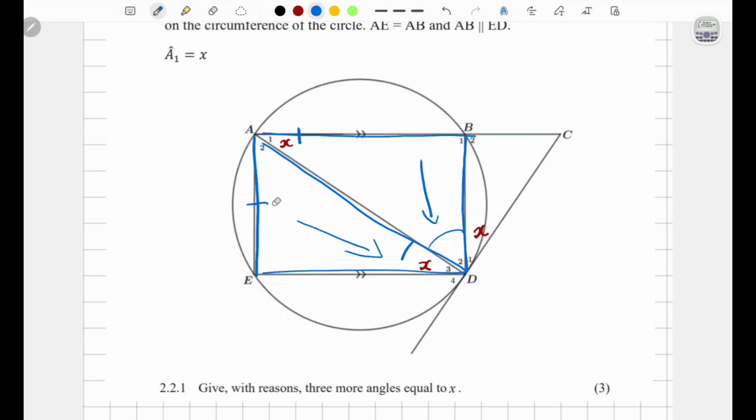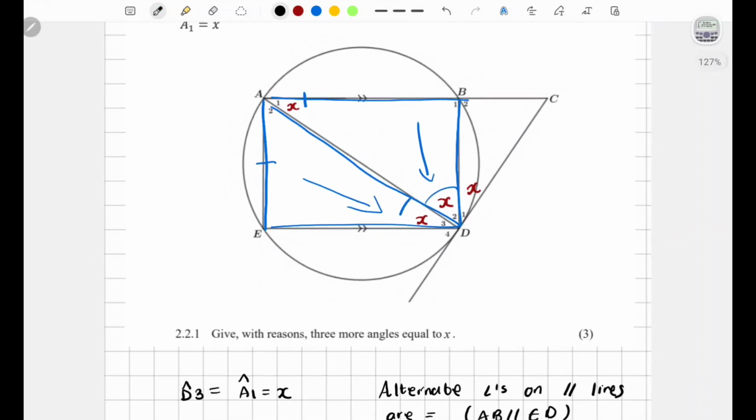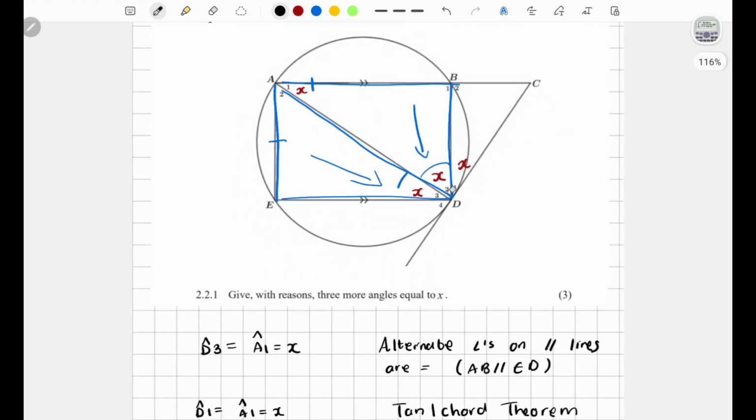Because they have the same length of a chord, they would support the same size of angle at the circumference. So it means that this is also X. So we can just go ahead and tell them that angle D2 is equal to angle D3, which is equal to X, because of equal chords supporting equal angles at the circumference.